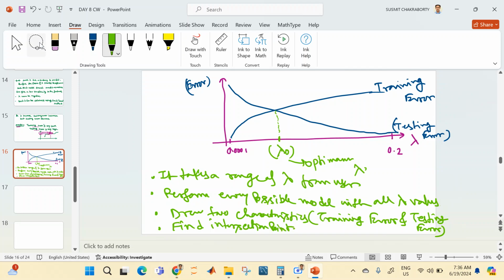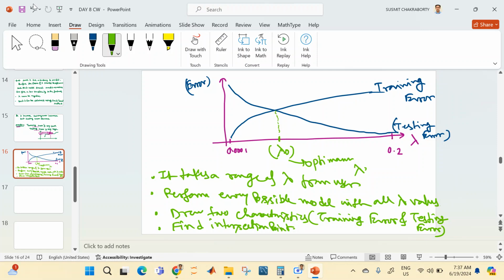That's all. So this is the concept of grid search. To obtain the optimum lambda, we can do the grid search. Conceptually it is a very large concept, but the program takes 1 to 2 minutes. Okay. So this is all about your ridge regression.